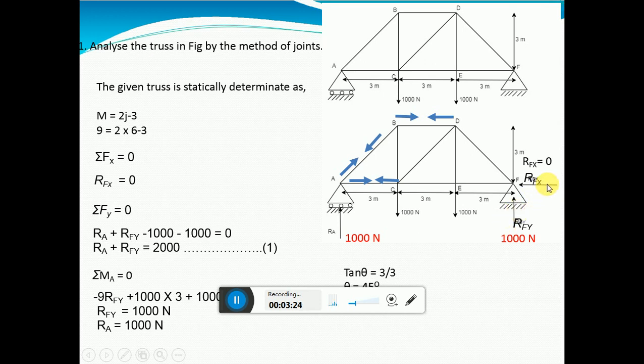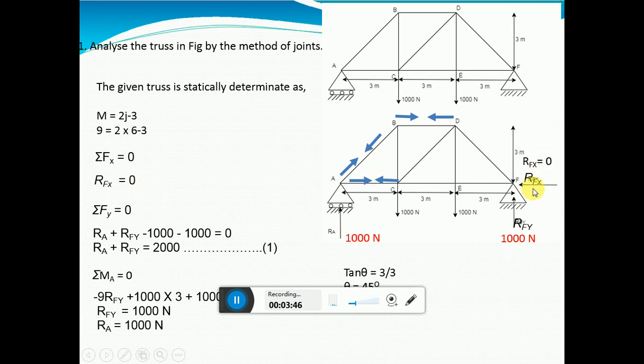Only one is there, RFX, moving in the negative x direction. So it is minus RFX. Any other horizontal force acting on the truss? No, only vertical forces are there, right? Only vertical forces. So RFX becomes equal to 0.